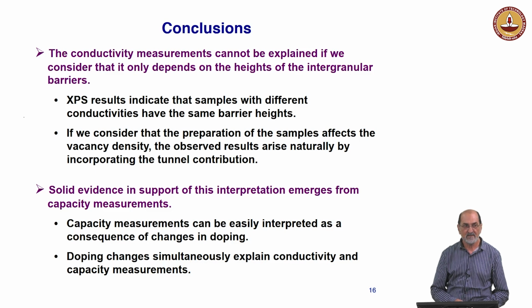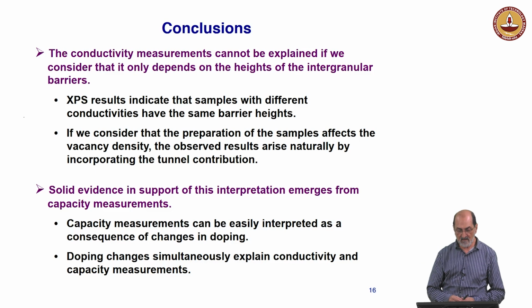We saw that with the same intergranular barriers, for different samples, the conductivity can be different. So what is written here: experimental results indicate that samples with different conductivities can have the same barrier height. But if we consider that the preparation of the sample can change the vacancy density, then if we incorporate the tunneling contribution, everything makes sense.